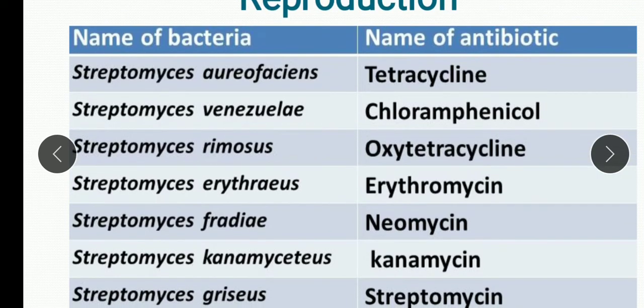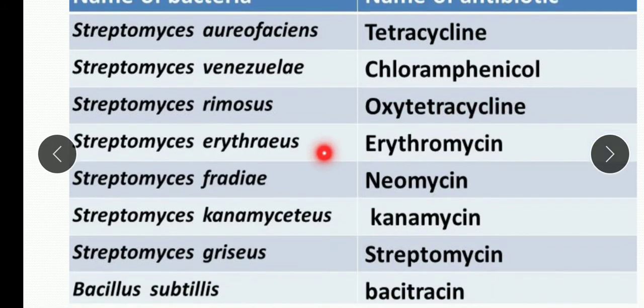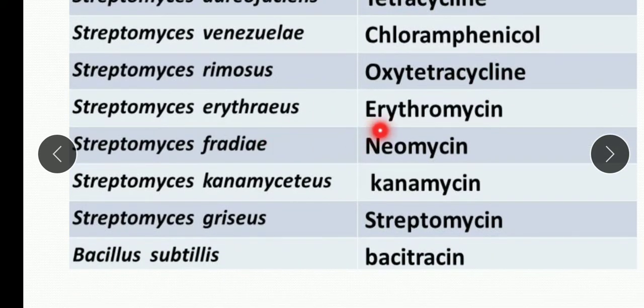The Streptomyces bacteria produce various antibiotics: Streptomyces aureofaciens produces tetracycline, Streptomyces venezuelae produces chloramphenicol, Streptomyces ramosus produces oxytetracycline, Streptomyces erythraeus produces erythromycin, and S. fradiae produces neomycin.